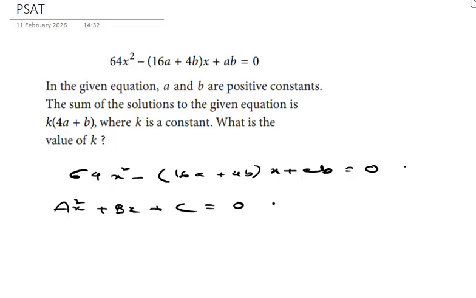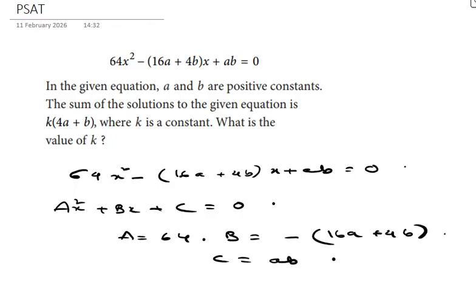Now we compare the given equation with the standard form. So from the comparison we get A is equal to 64, B is equal to minus of (16a plus 4b) and C is equal to ab. So now we have identified the values of A, B and C.